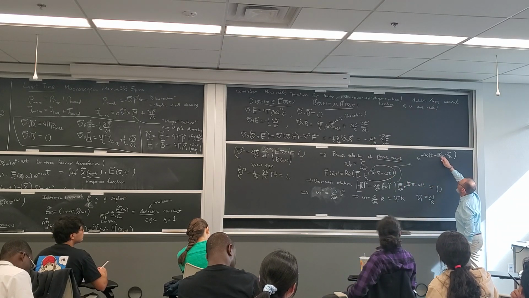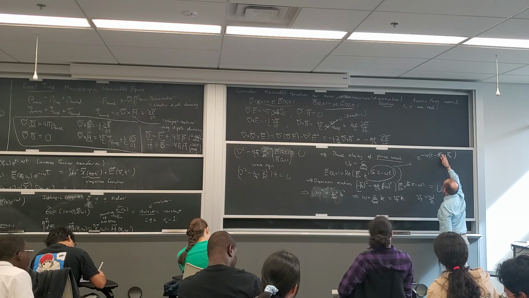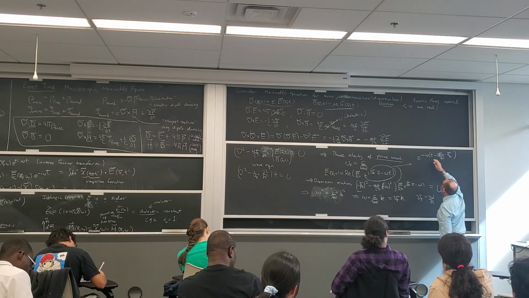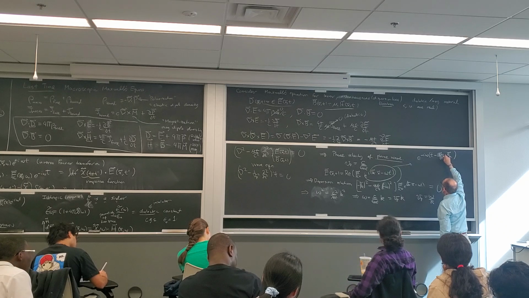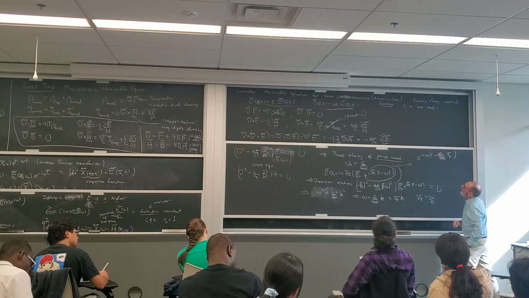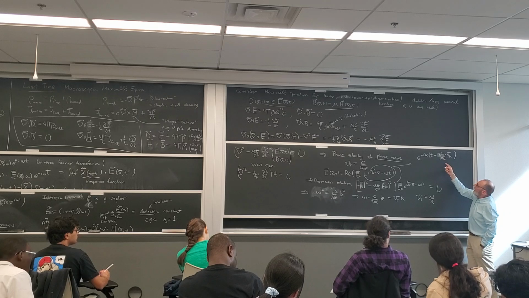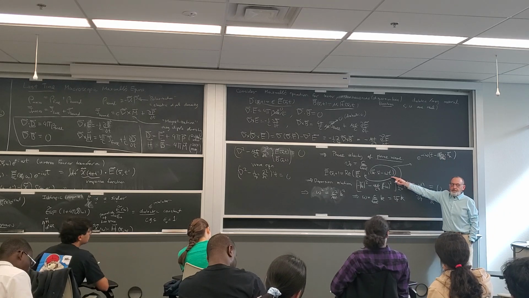I can write this as, let me write it this way, this is equal to, yes, divided by omega over k. If I multiply this by omega, I get back this expression.